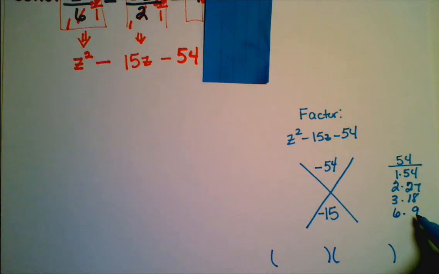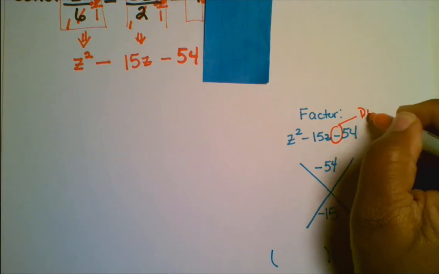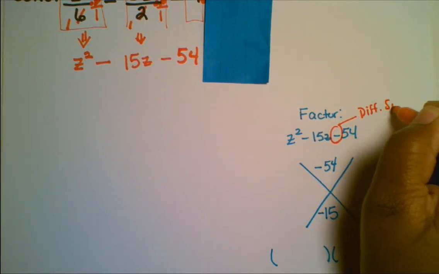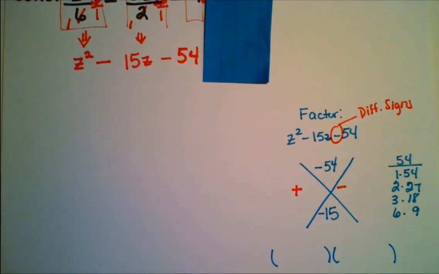Okay, so which one of these do we want? We want 15. Now think of your sign rules, because the sign of the last term here is negative, so we're going to have different signs, meaning one is going to be positive, one is going to be negative.